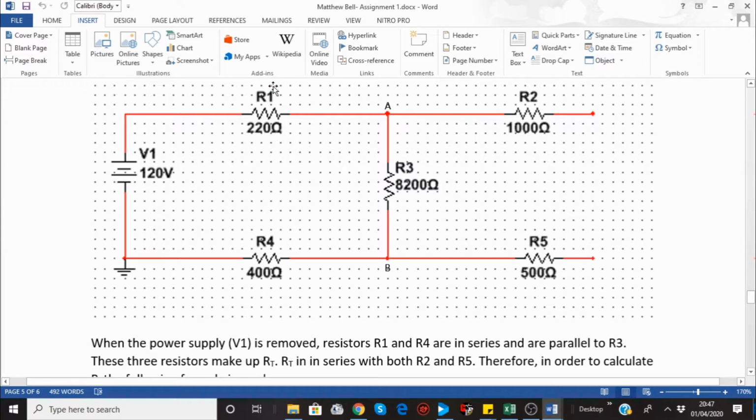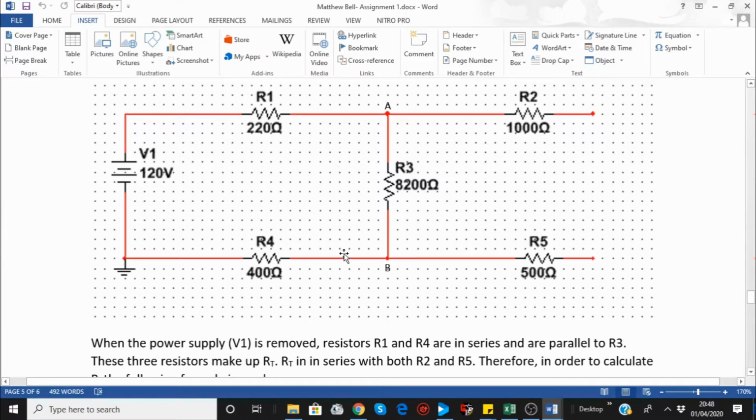I can substitute these two as RT1, which is what I would suggest you do. RT1 is R1 plus R4, which is 220 plus 400, that's 620. RT1 in parallel with 8200 is product over sum of those two, so 620 times 8200 over 620 plus 8200.